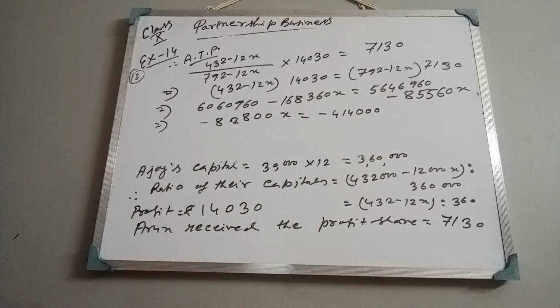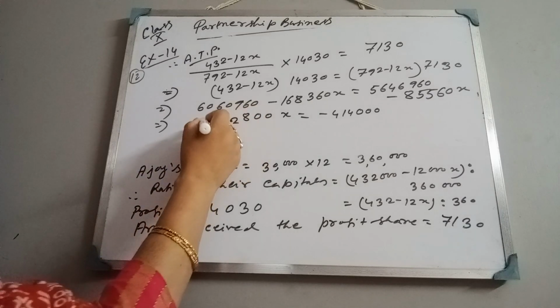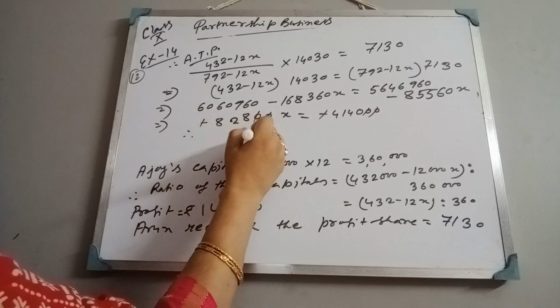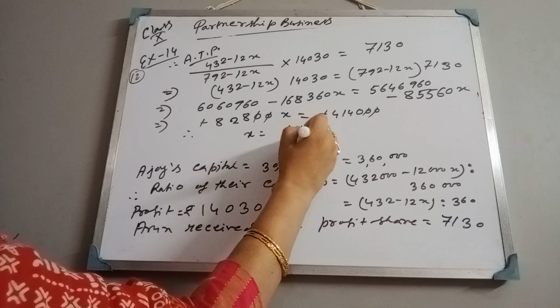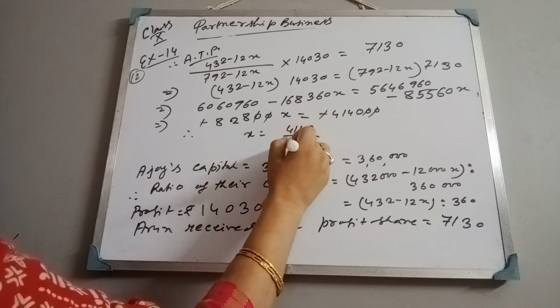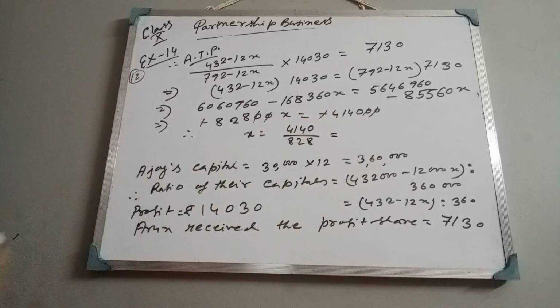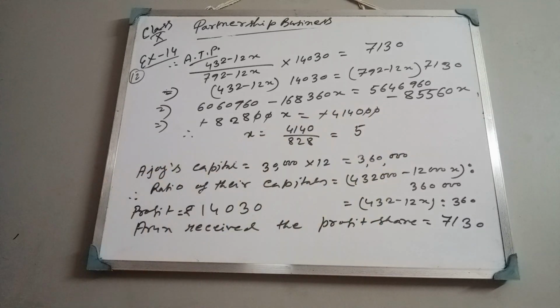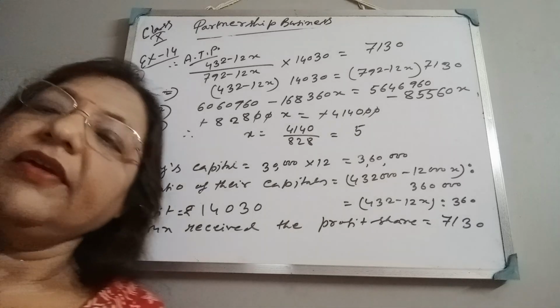Now 00 from both sides will be cancelled. Minus minus will be cancelled. Therefore, x is equal to 4140 by 828. It is coming 5. Just divide this, we will get it as 5.